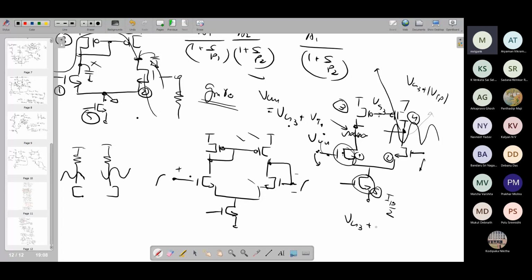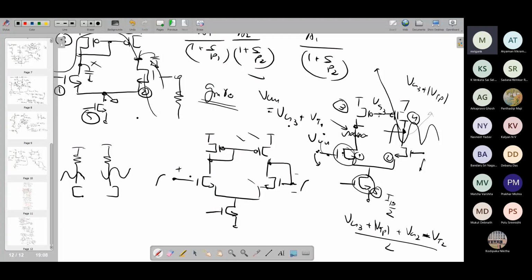VG3 plus mod VTP, and V out min will be VG2 minus VT2. So this by 2 will give you the appropriate DC bias point. Now, with respect to that DC bias point, we will have to see what is the maximum allowed DC level.